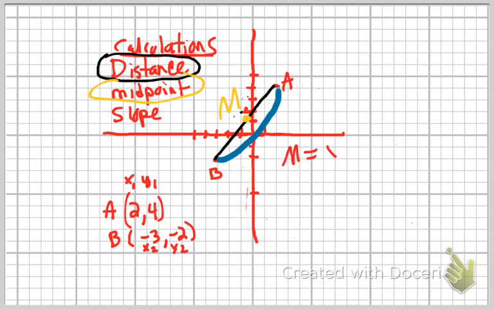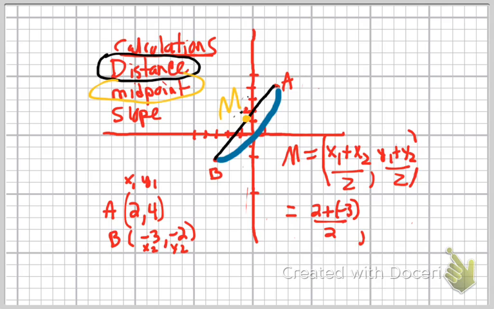Always practice just recording it. (x1 plus x2) over 2, comma, (y1 plus y2) over 2. And again, you can put your parentheses, if I could squeeze them in there, for knowing that it's an ordered pair. All right, here we go. Take your two x's and add them together. So 2 plus negative 3, divided by 2, comma, 4 plus negative 2, divided by 2.